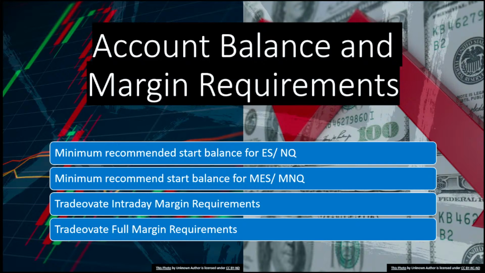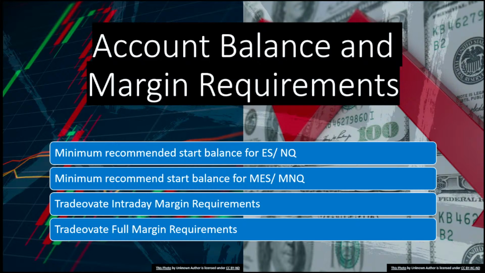So let's talk about margin requirements here. Something you need to know is there's intraday margin requirements, and then there's full margin requirements, which is once we're outside of intraday market hours, so outside of SPY and Q's market hours. So on ES, the minimum, and again, this is to not get liquidated.